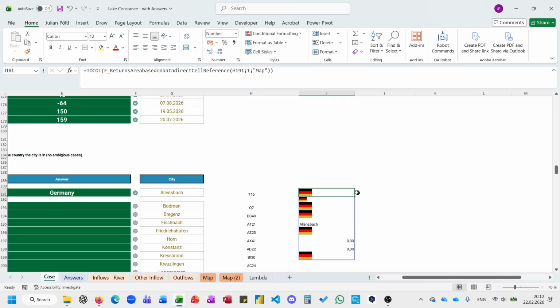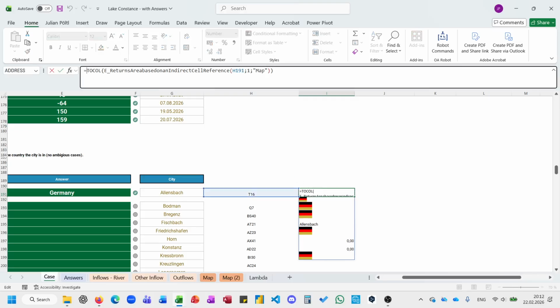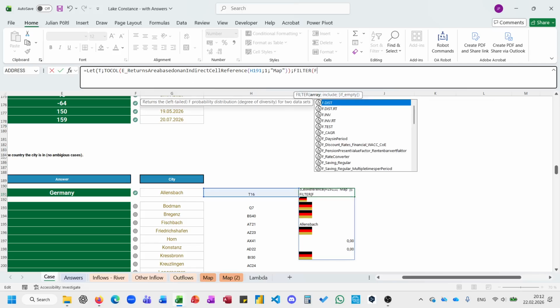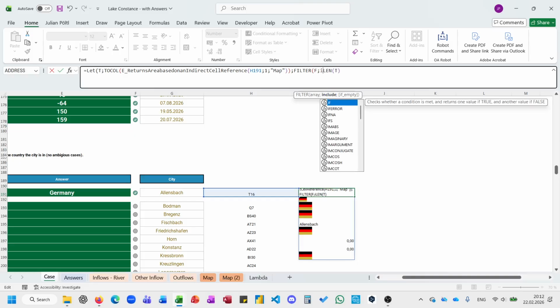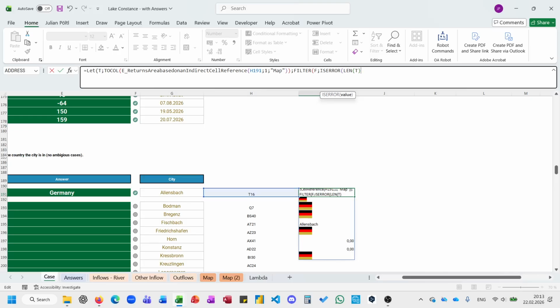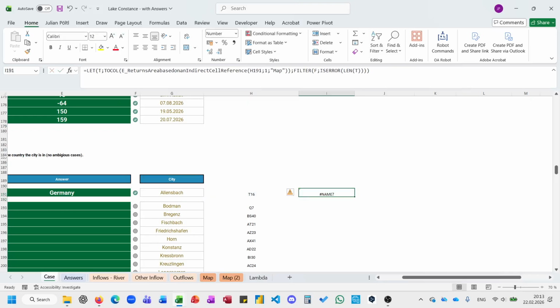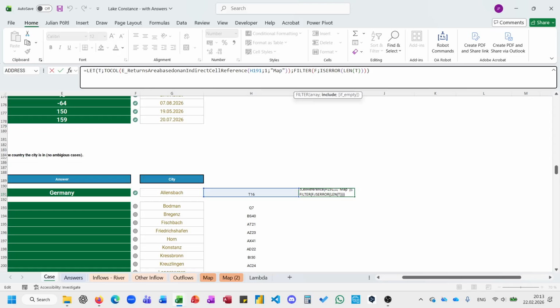And now I use a small trick, so to say. In this case, I filter t if len of t is an error, because here those flags will return an error. Is error. Okay, hasn't worked.